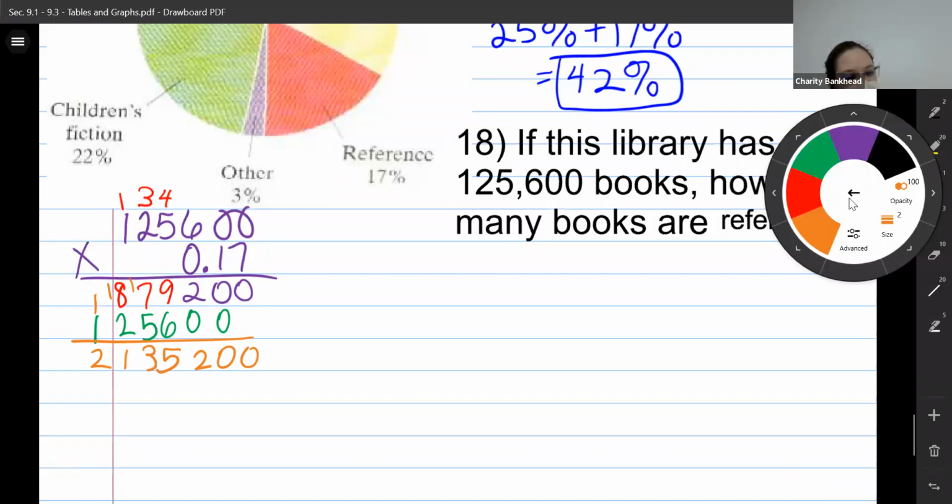And 2 of those digits have to be after the decimal point. So the answer is 21,352.